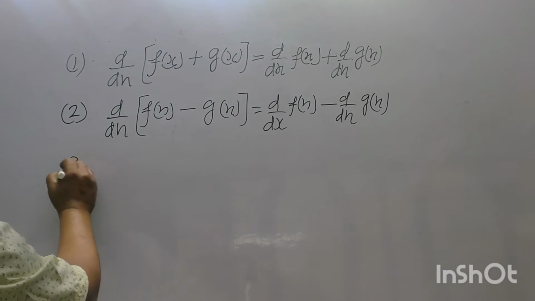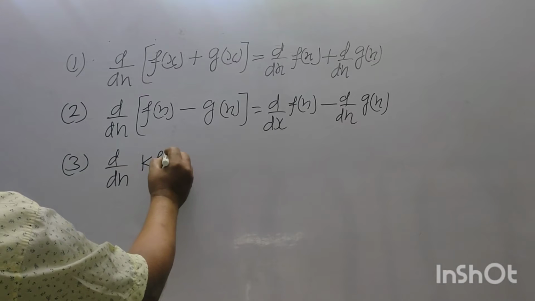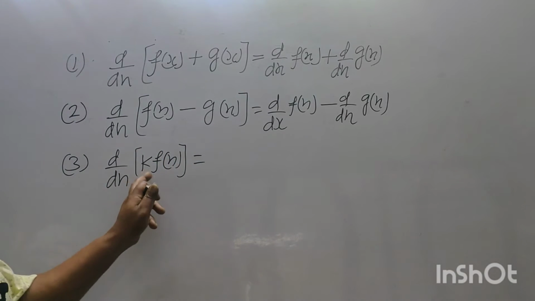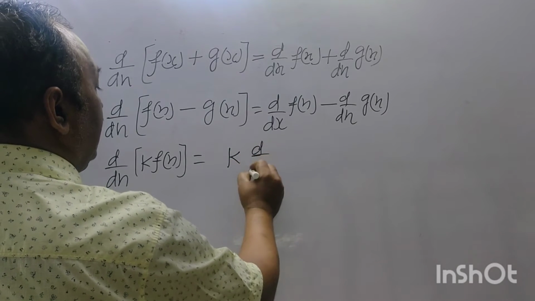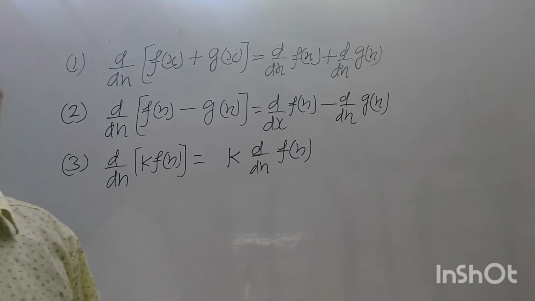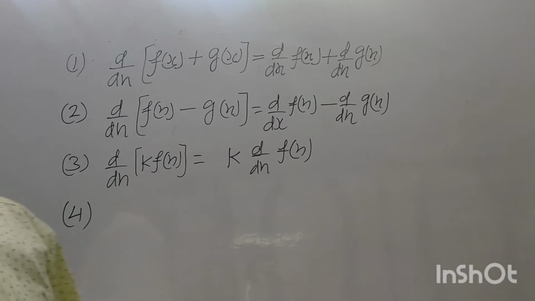Third formula is d upon dx of k time fx. You can take constant k outside the derivative, k into d upon dx of fx. This is the third formula of the algebra of a derivative. Fourth formula, that is also called product rule.